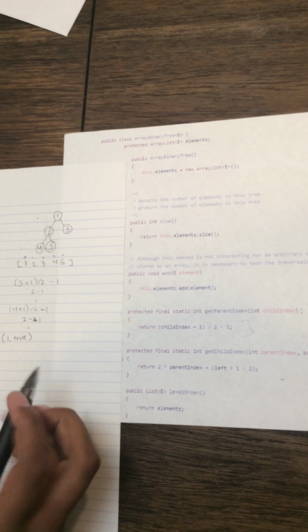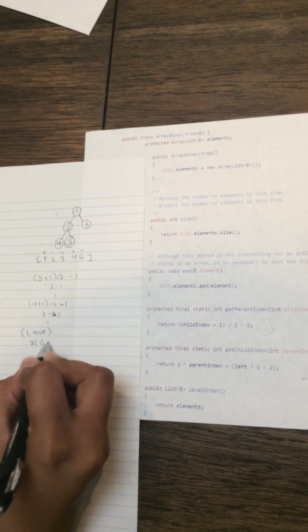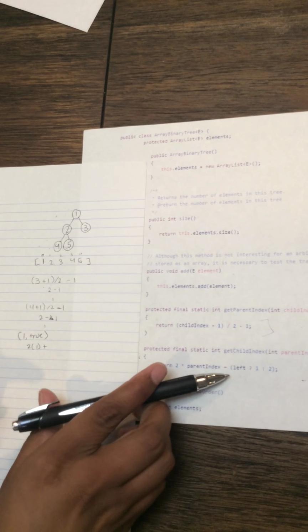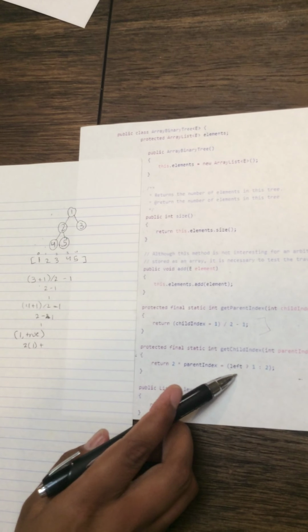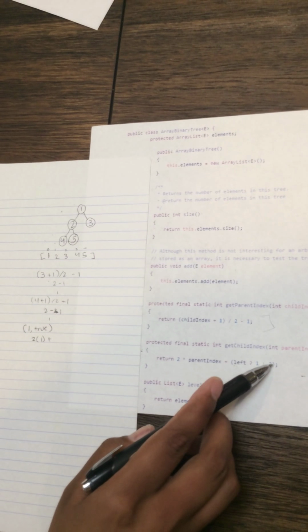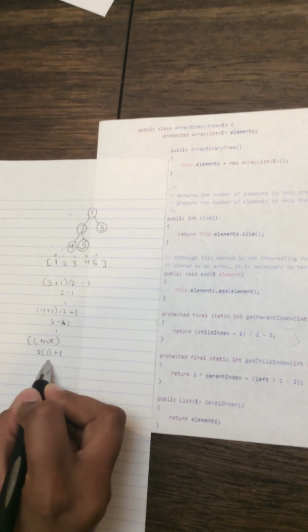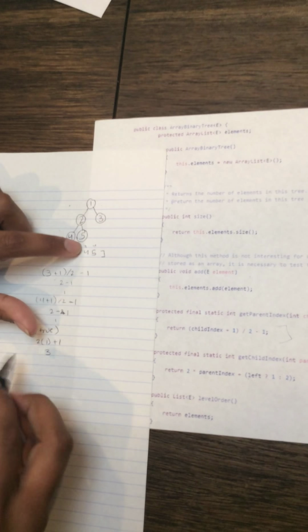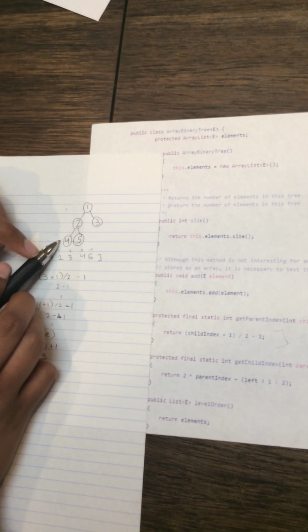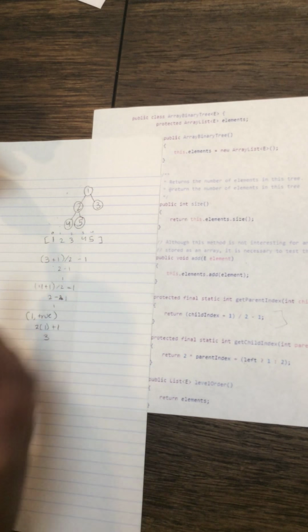And then if I use this formula, you have 2 times 1 plus, and then this expression just means that if the boolean is true, then it evaluates to 1. If it's false, it evaluates to 2. So in this case, it's true, so it'll be 1, and this equals 3, and the index 3 is the index of element 4, which is why the left child of 2 is 4.